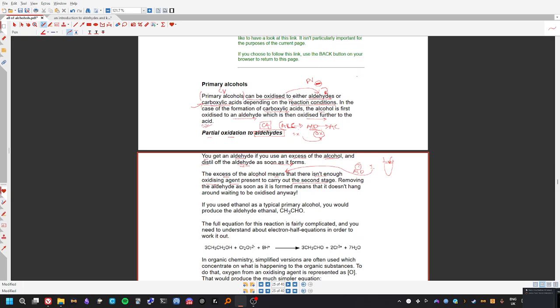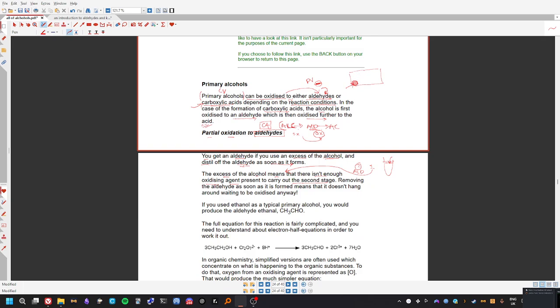In the reaction, let's say this is going to be your system, and there's a controlled amount of your acid that you put in, your oxidizing agent, whether it be sulfuric acid or whatever. In this case, it would be sulfuric acid if I'm not wrong. So that's going to be your oxidizing agent, and that's going to be this much.